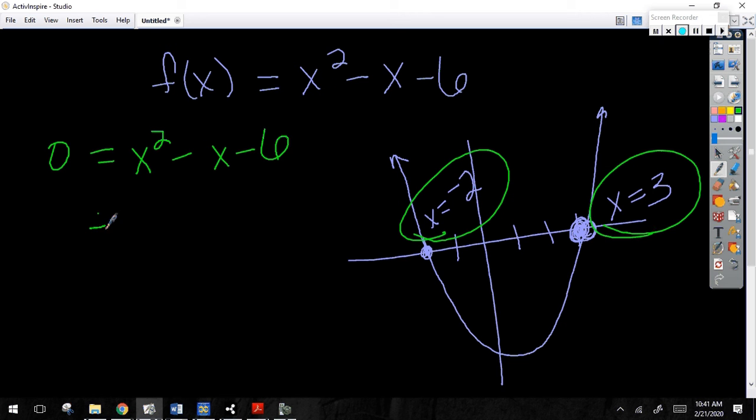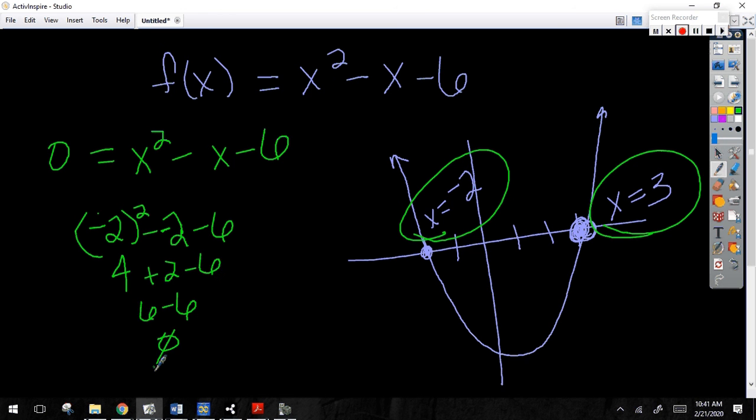So if you plug -2 in here, watch what happens. -2 squared is 4, plus 2 minus 6 would be 6 minus 6, which is 0. If you got a negative, that's because you put it in wrong. Yeah, you've got to put it in parentheses when you do that.